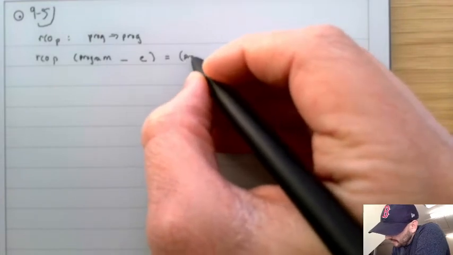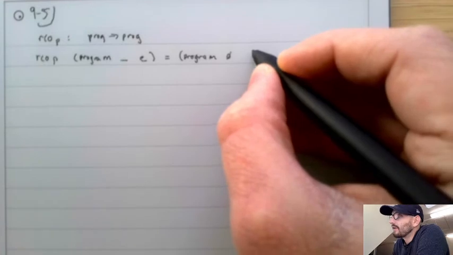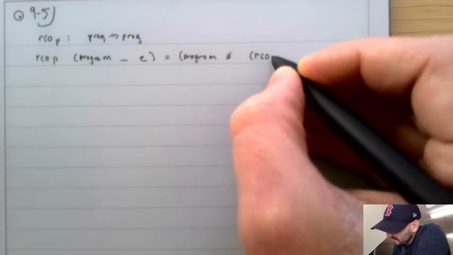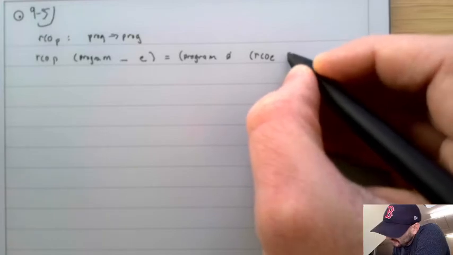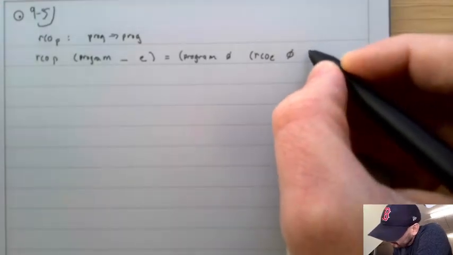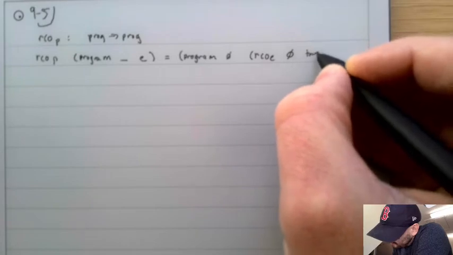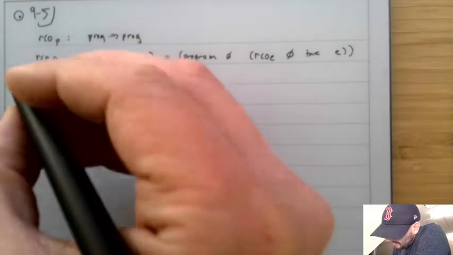And what we'll do is we're going to call RCOE with an empty environment. And we're going to give it true and E.